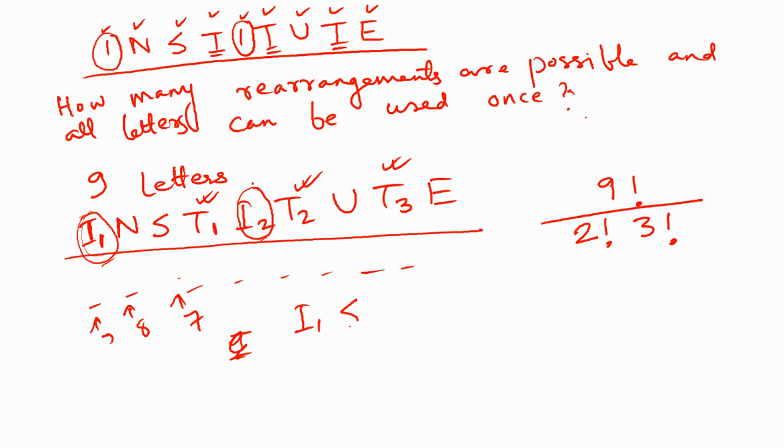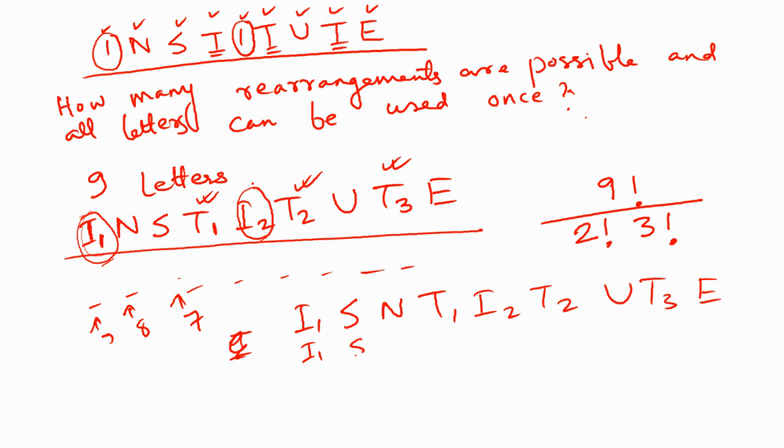Let's say I1, S, N, T1, I2, T2, U, T3, E. That's 9, right? One, two, three, four, five, six, seven, eight, nine. Let's say this scenario is there.